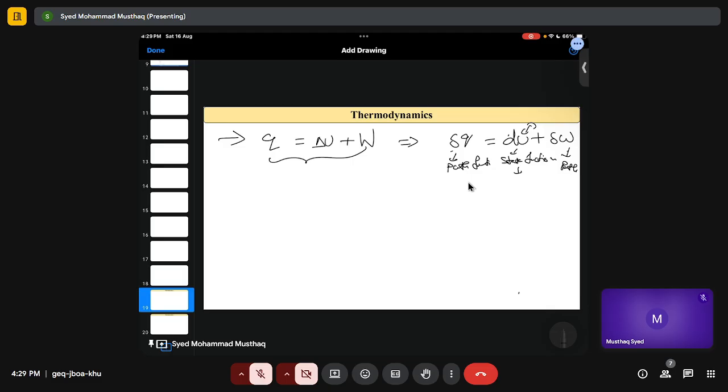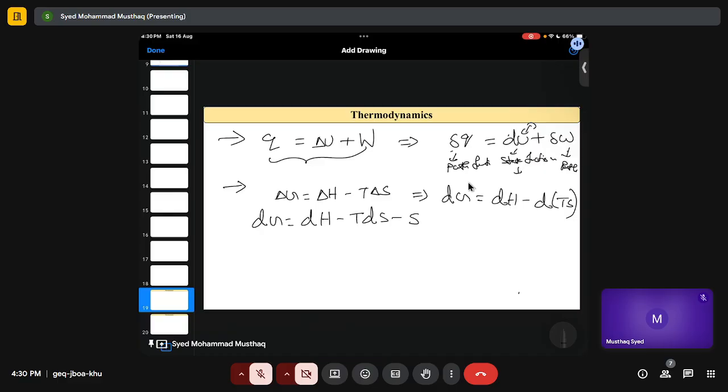That's it about them. Now, when you came to second law of thermodynamics, you have seen the entropy. So from entropy, you have this free energy: delta G equals delta H minus T delta S. This is the exact equation. Let's write in terms of differentials. dG will be equal to dH minus TdS. Now, differentiate by parts. dH equals TdS minus S dT.